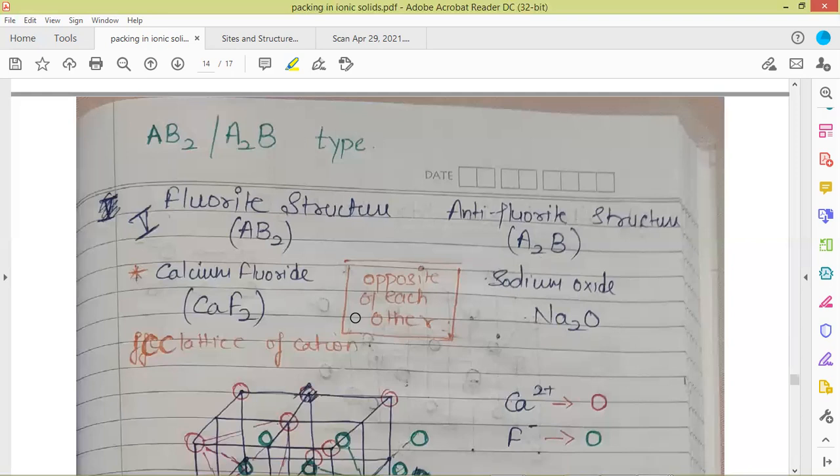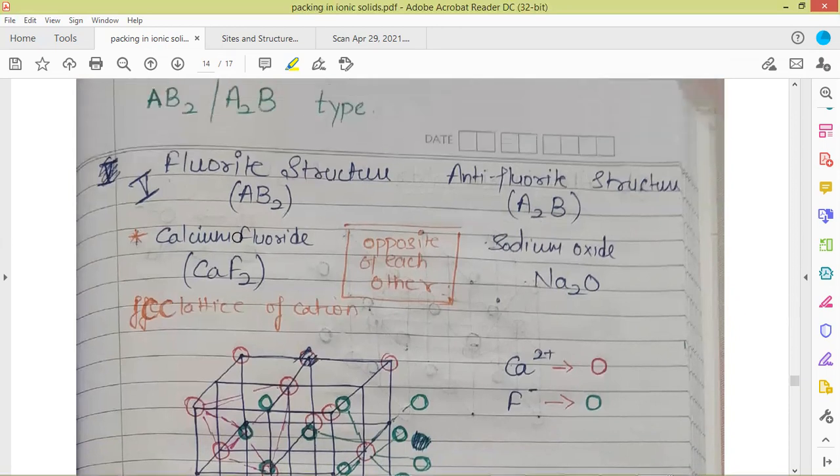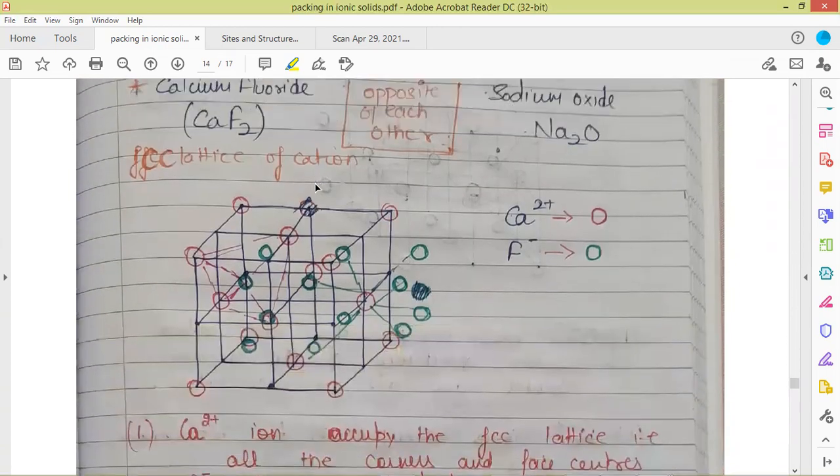These two structures are exactly opposite to each other. We'll see how these are opposite. Here also the FCC lattice is occupied by one type of ions. Let us first have a look at the fluorite structure. Here the cations are calcium ions and the fluoride ions are the anions.